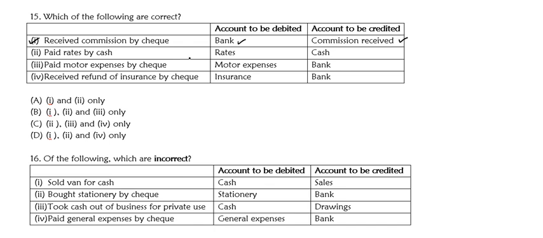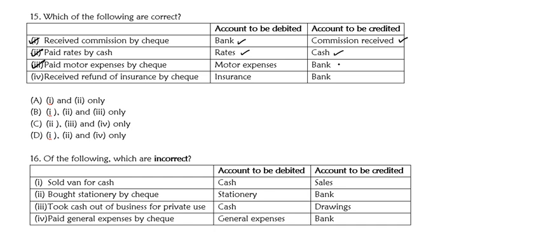Paid rates by cash. Yes, we debit the rates account and then credit cash account. So option 2, Roman 3 is correct. Paid motor expense by check. Yes, you debit the motor expenses account and then credit the bank account.